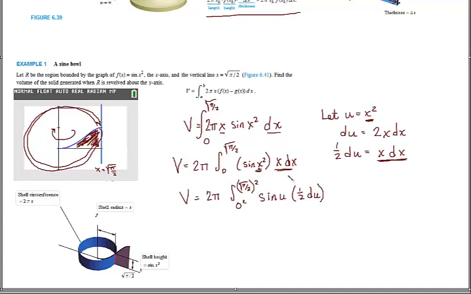I've substituted here. I replaced that because this is in terms of x. I said u is x squared, so I squared whatever this number was. I didn't have to write 0 squared, but I was just doing this for clarity. And then I just did my substitutions. x dx is 1/2 du, and then this would be the sine of u.